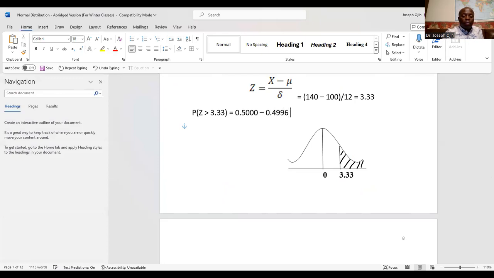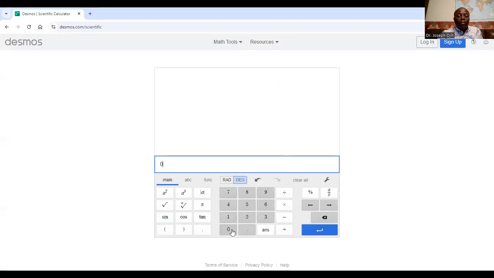So we have 0.5 minus 0.4996 on the calculator. You see, it gives us the answer in scientific form: 4 times 10 to the power negative 4.